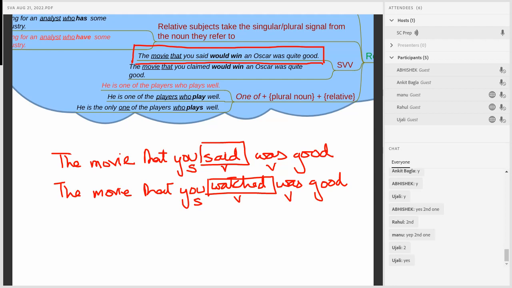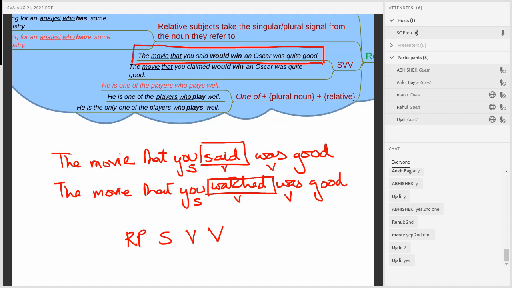Now, what you see is a relative pronoun followed by a subject, verb, verb. Normally this is not something you would ever expect to see. But let's set that aside.